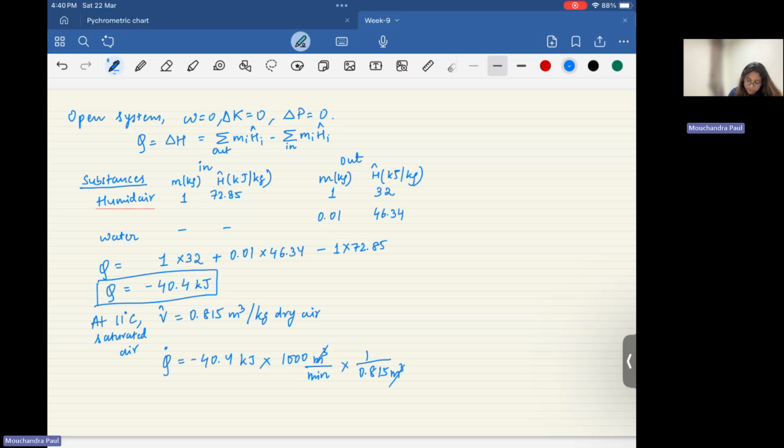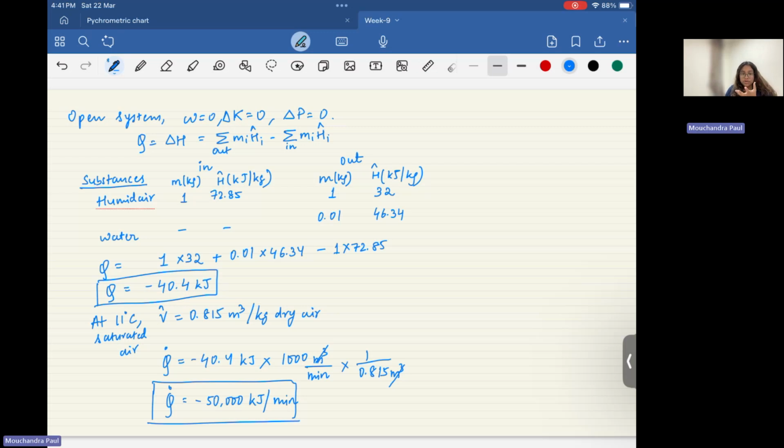If you work out these values, you would get close to 50,000 kilojoule per minute, which is the heat flow rate.